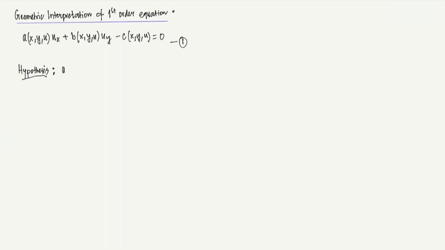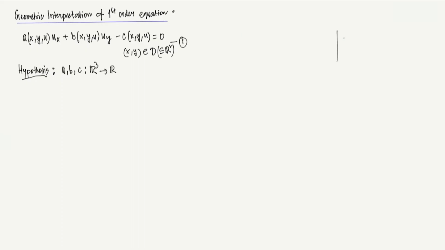Here we will always be assuming (x, y) is from some domain D, which is a subset of R2. So we are just writing this equation in R2. So first of all, (x, y) is in R2 and u of (x, y) is again in R. So basically this is from R3 to R.